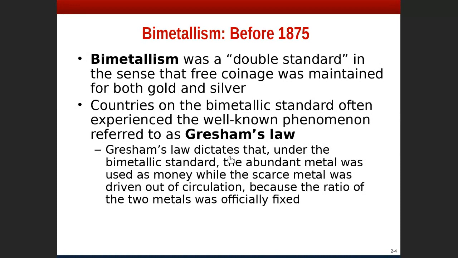Gresham's law dictates that under the bimetallic standard, the abundant metal was used as money, while the scarce metal was driven out of circulation because the ratio of the two metals was officially fixed or set.